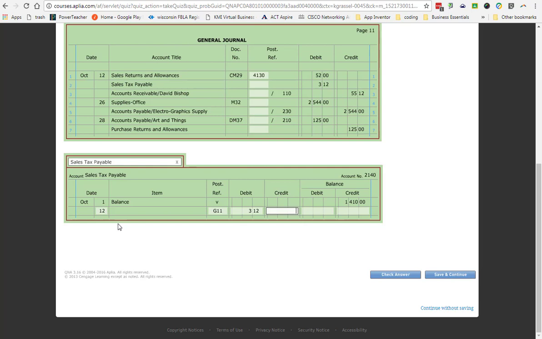So I have to then subtract from my balance of sales tax of $1,410. I'm going to subtract $3.12. So now my new balance as a credit is $1,098. Account number 2140 goes back up top. Did I do the math way wrong?